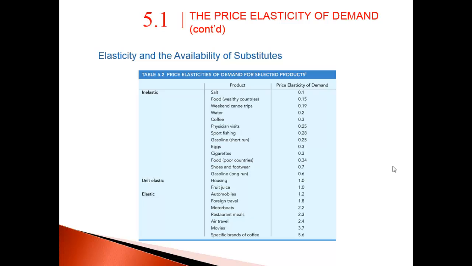I don't really agree with how the book labels all of these price elasticities of demand. This is just an average. Personally, I would say that a physician visit would probably be close to 0.1, because if I'm really sick and I finally go to the doctor, I am not really price sensitive, especially considering I have insurance and I know my copay is only $25.